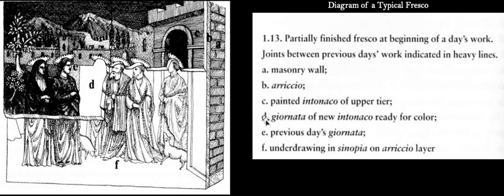What I'm then going to do on Monday is paint the first two people in the lower left. I'm going to create a large scale cartoon. A cartoon is a fancy word for large preparatory drawing.